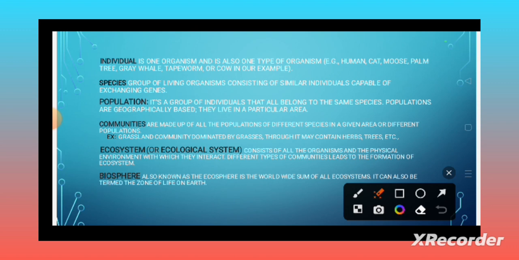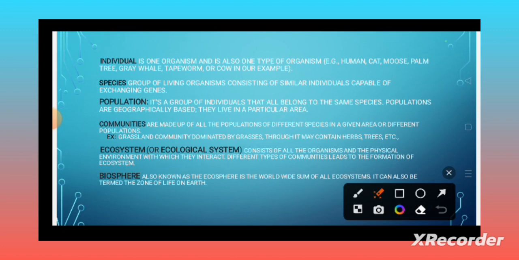The biosphere is termed the zone of life on the earth, capable of giving oxygen to living organisms, and it has all the facilities useful for life to survive in this region.